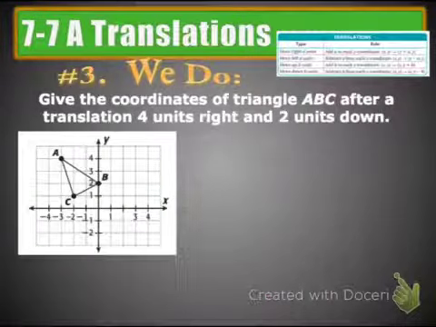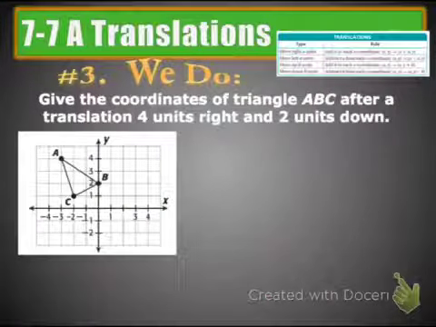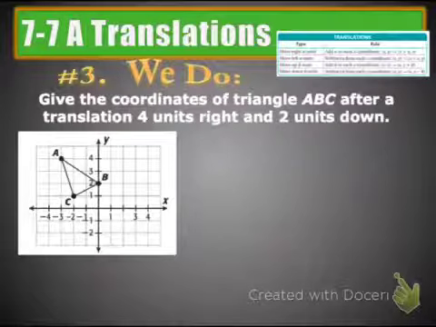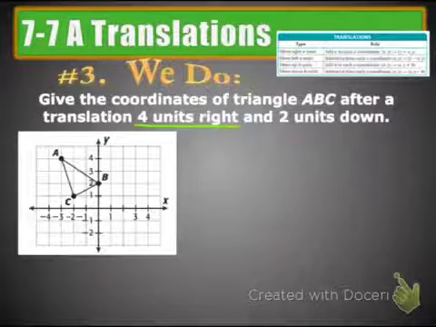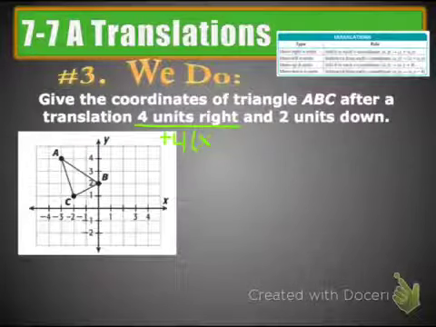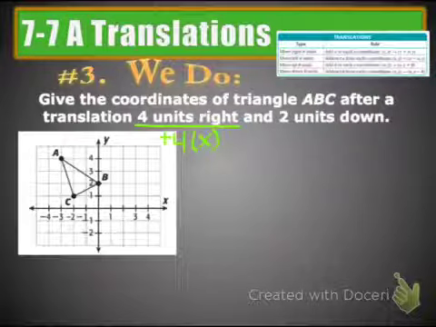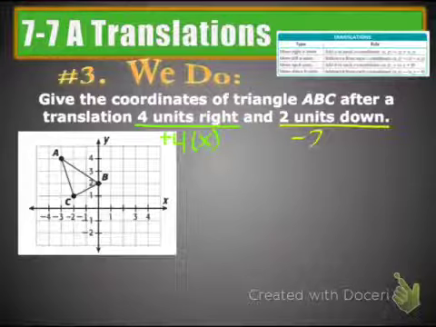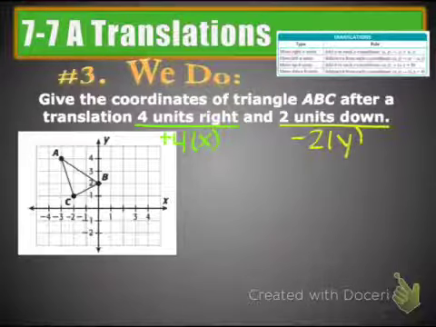Okay, number 3 is a we do. Give the coordinates of triangle ABC after translation 4 units to the right. So for the right, we're going to do plus, and this is going to be on our x value. And 2 units down is going to be minus 2 on our y value.